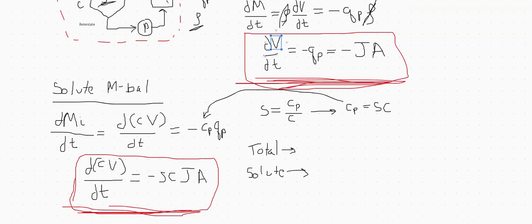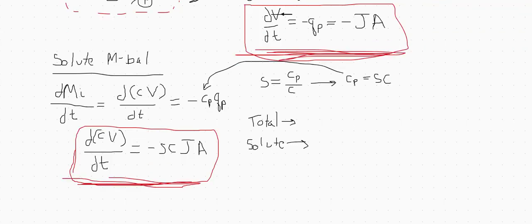So let's see how I can, okay, I'm just going to rewrite them. I was going to copy and paste, but we'll have dV. We can bring this dt over to write dV is equal to minus JA dt.